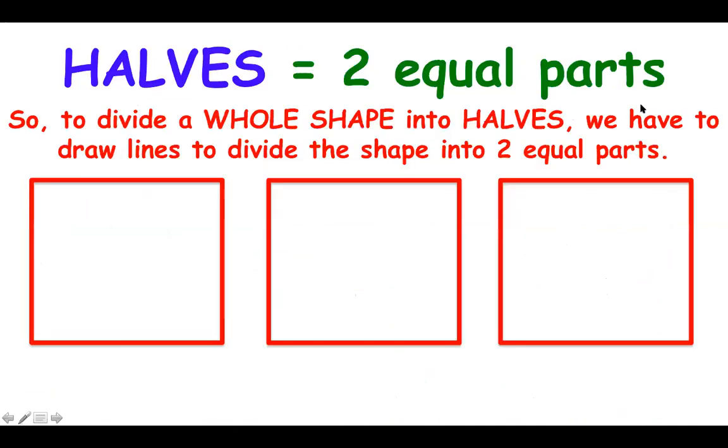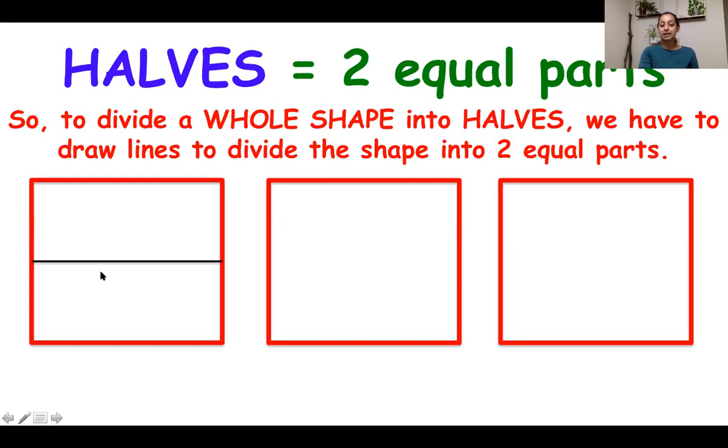Halves is 2 equal parts. So to divide any shape into halves, we have to draw lines to divide the shape into 2 equal parts. So here are 3 squares. I'm going to show you 3 different ways that we can divide these squares into halves or 2 equal parts. I can make a side to side line or a horizontal line, and that breaks the shape into 2 equal parts or 2 halves.